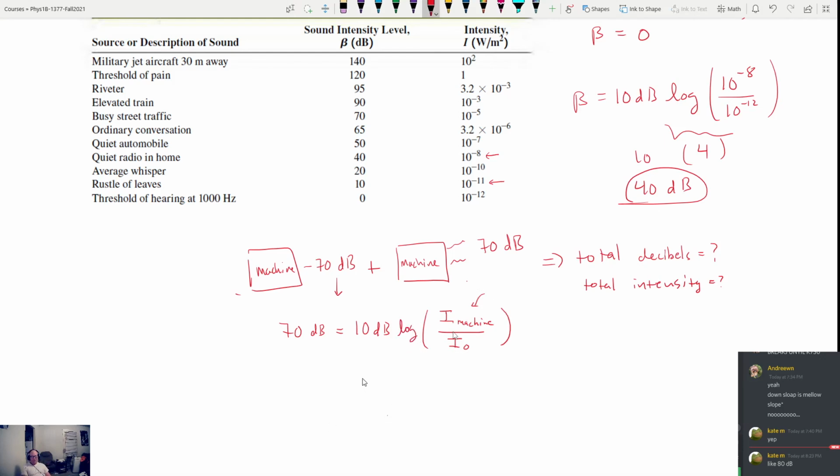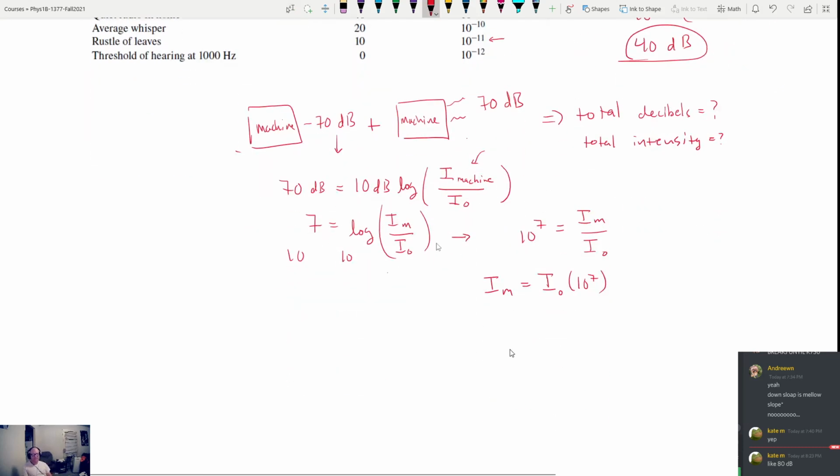So in order to do that, what we need to do is to pull out this right here. So let's start doing that. 70 over 10 is 7. I'll just call it IM for short. Raise both sides to the power of 10. We get 10 to the 7 is equal to IM over I naught, which means that IM is going to be equal to the reference intensity times 10 to the 7.